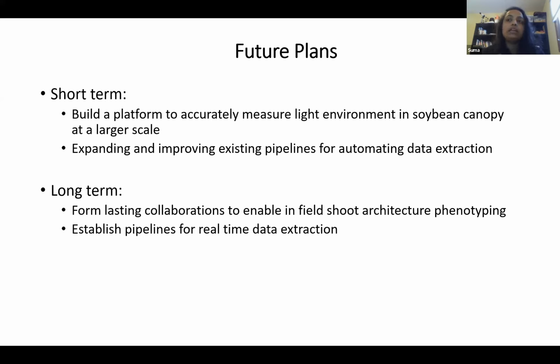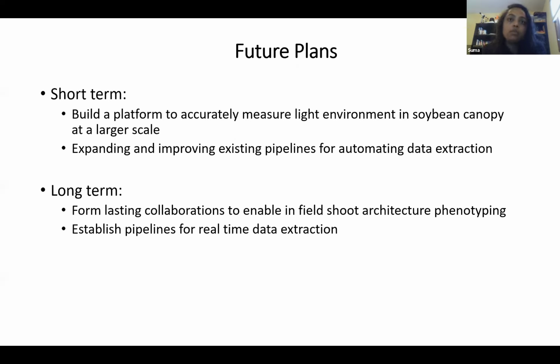I call it light environment, not light quantity, because it's also the quality, how the light scatters within the canopy, so we can study that on a larger scale than what we're doing right now. We also started well with our image processing, but we want to expand it and improve our existing pipeline for automating data extraction.